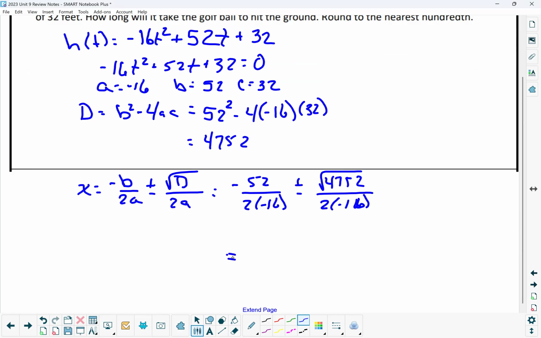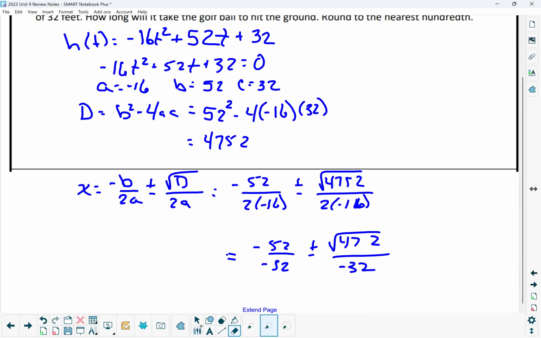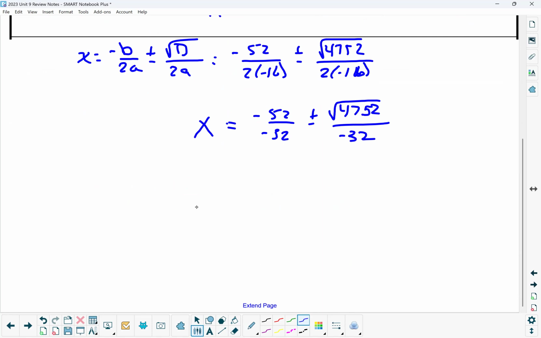Remember, we said 2 times negative 16, that's negative 32. So we could rewrite our problem like that. Those are giving us our x values.